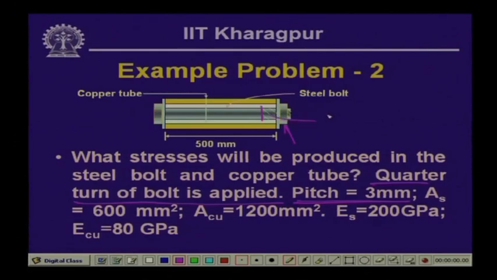The area of cross section is given for the copper also; this is the steel bolt and this is the copper tube. When this is given a turn, naturally the copper is under compression and the bolt is under tension. We have to find the stresses that will be induced in this assembly because of the turning of the nut.